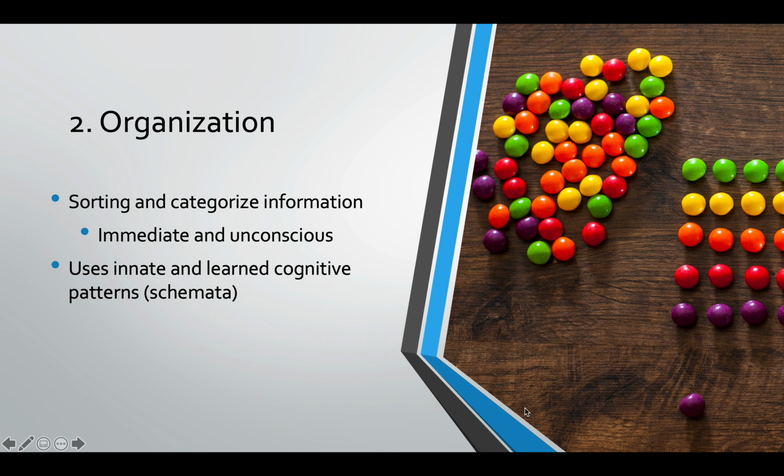But we use some patterns, some cognitive thought patterns called schemata that are pre-programmed, and we also learn a whole bunch of them throughout our lives as we are raised by our parents and begin to interact with others in society and the world.